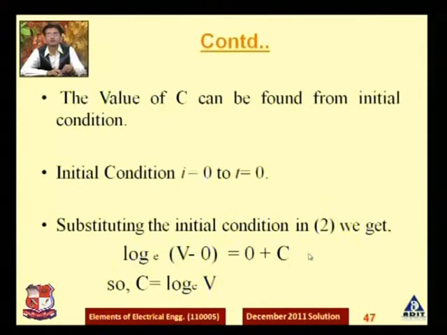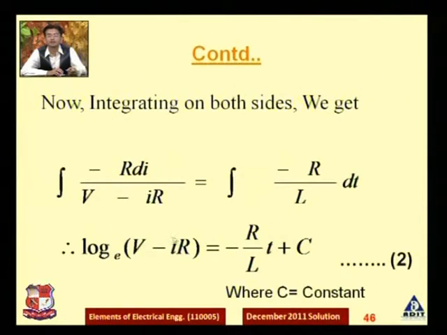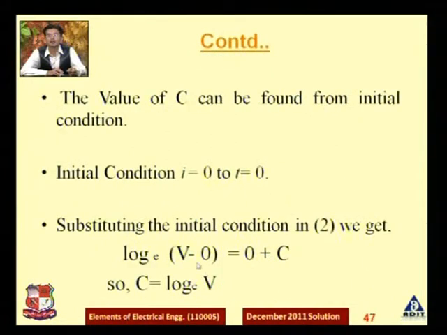Right? So if I want to find out the value of C, then I have to apply the initial condition. So what is the initial condition? The initial condition states that I is equal to 0 when time t is equal to 0. So substituting I is equal to 0 and t is equal to 0 in equation number 2, what will I get?